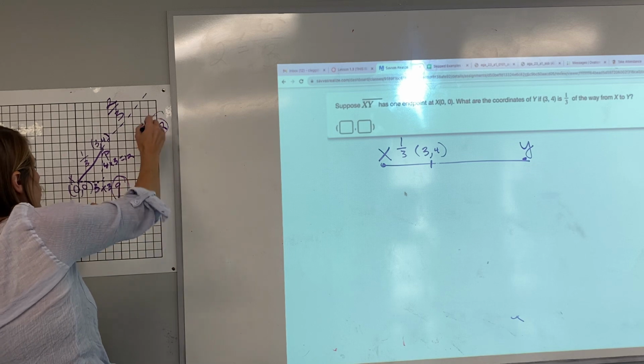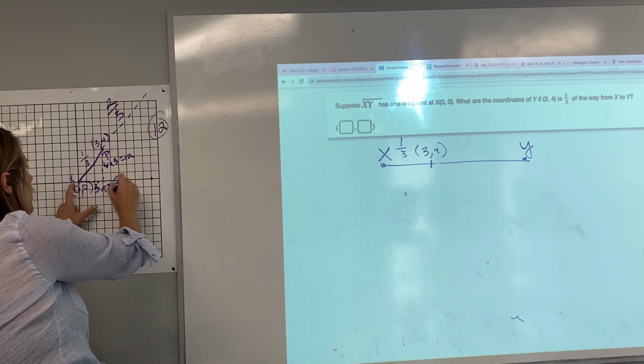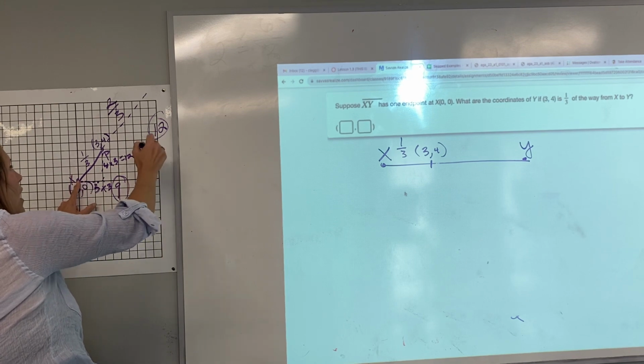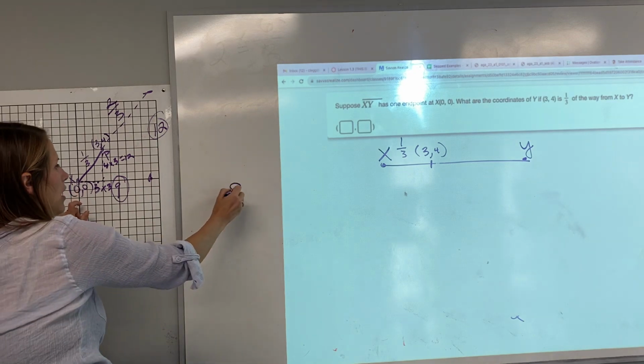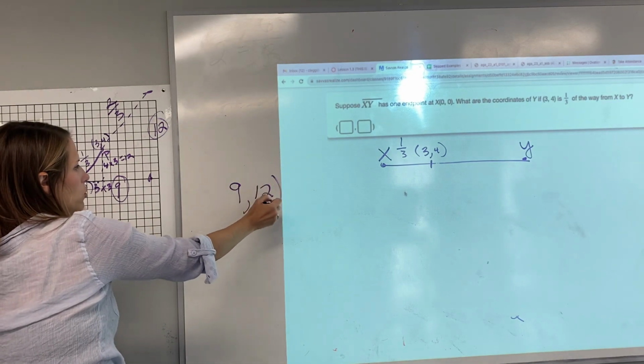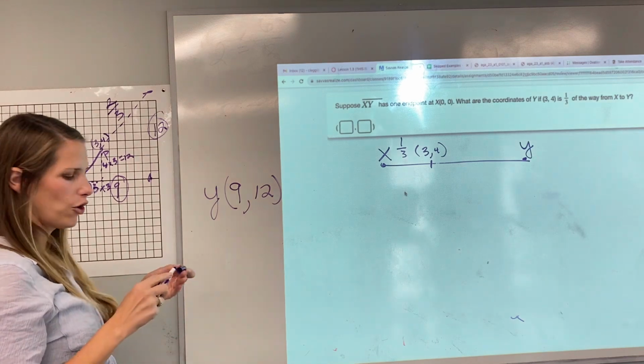So the coordinates would be 9 on the x and 12 on the y. (9, 12) would be point Y's coordinates. I hope that was helpful.